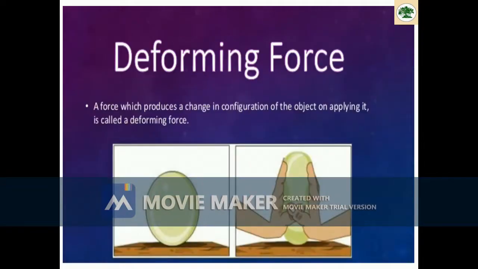A force which produces a change in the configuration of the object on which it is applied is called the deforming force. On the screen, in the first figure, there is a regular shaped body or object, but when deforming forces are applied from both the sides, the ball or the object gets deformed.